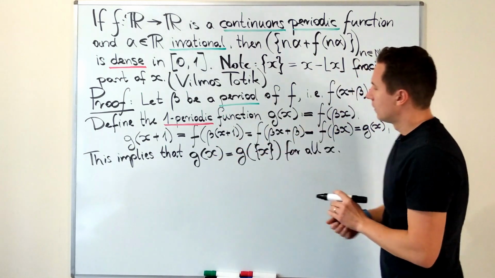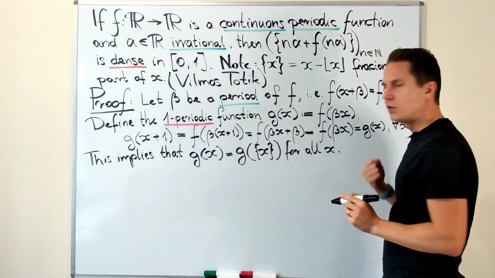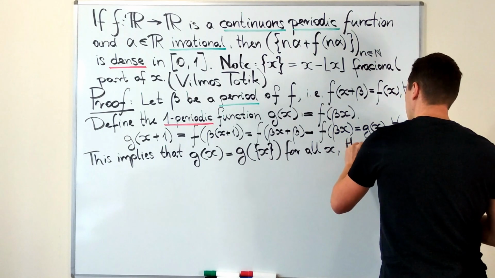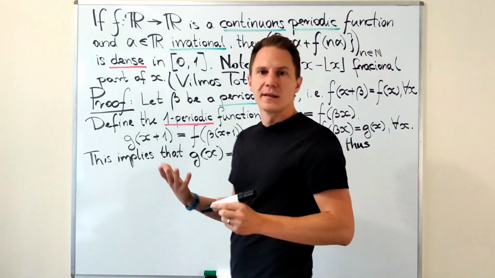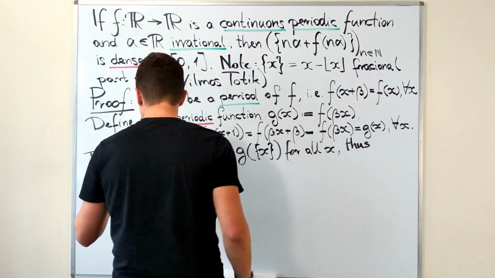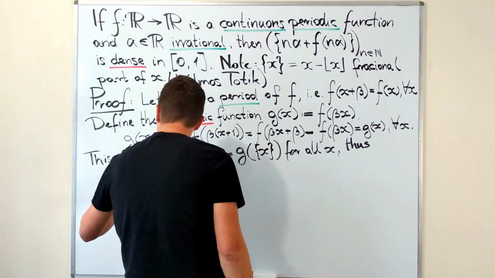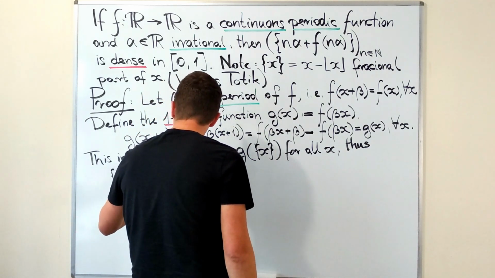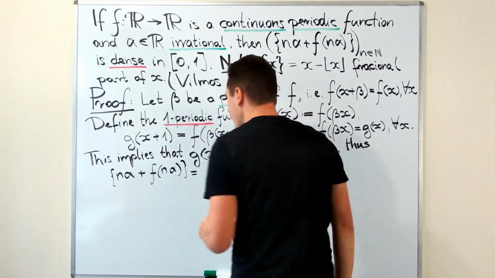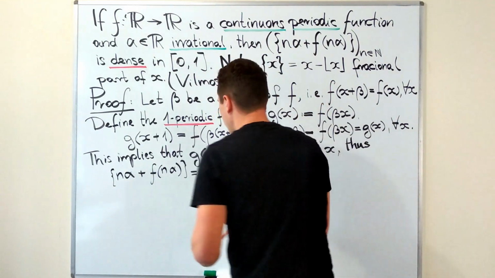So that's the utility of having this 1 periodic function, because a consequence of this is that if we look at the sequence of numbers that we are interested in, it's going to be true that n times alpha plus f of n times alpha, well, its fractional part is going to be the same thing. Let me do a bit of manipulation here.